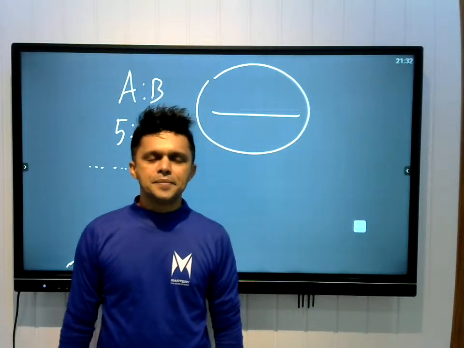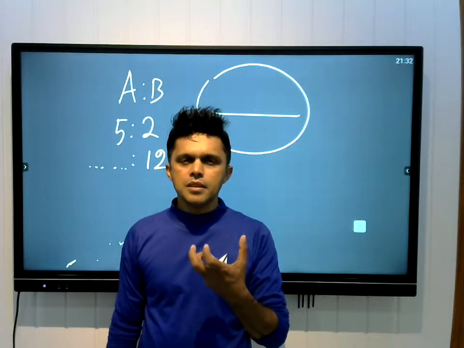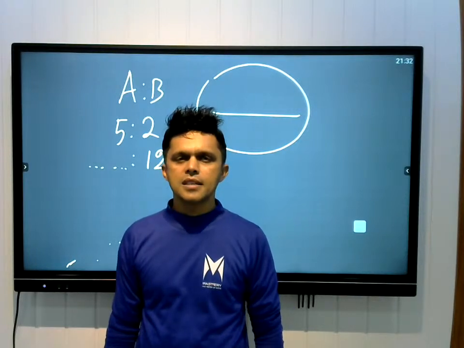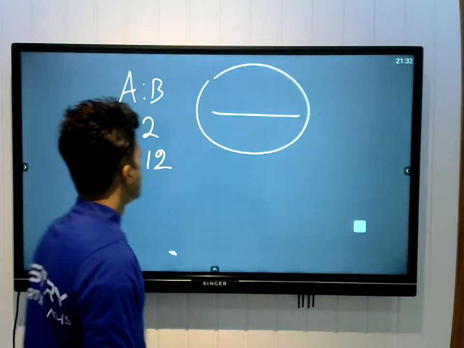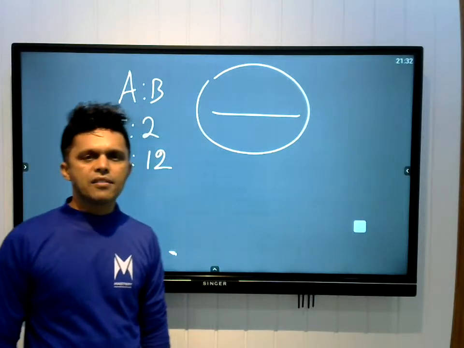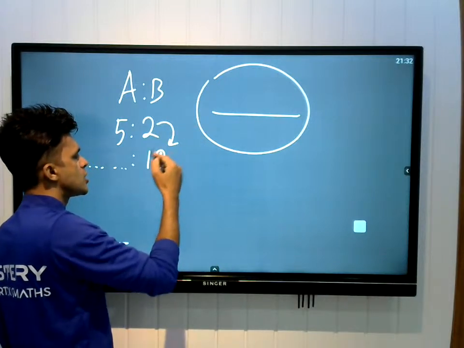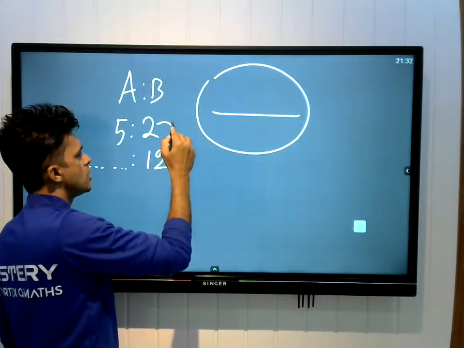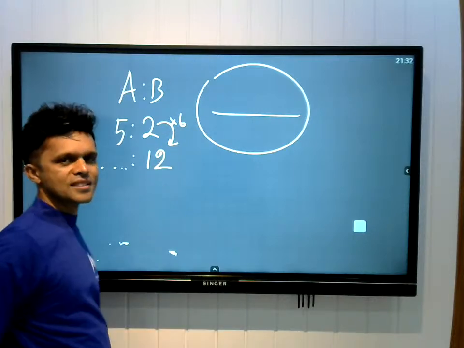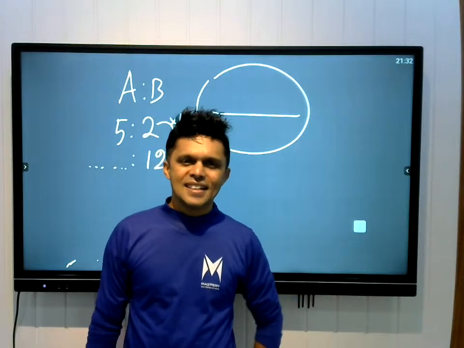Now, how can you get the amount taken by A here? Here is an equivalent ratio. What is the value that we need to get here? 12. 2 times 6 is 12.